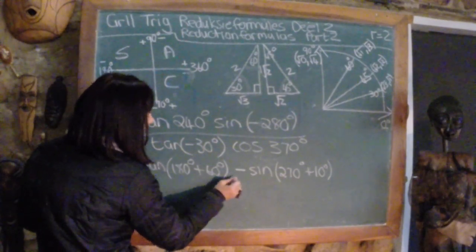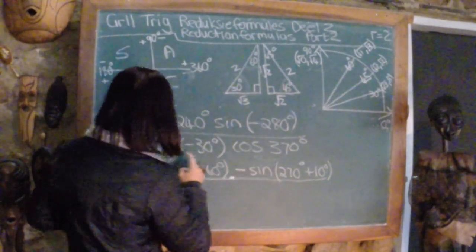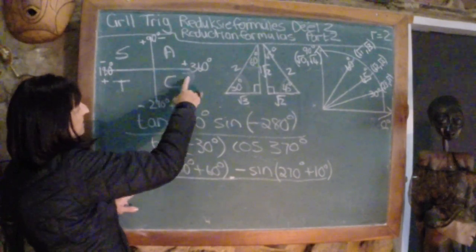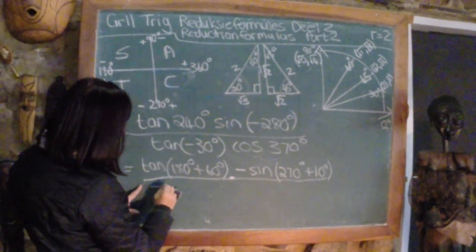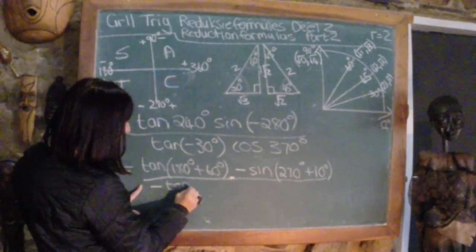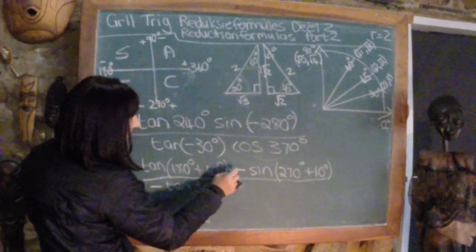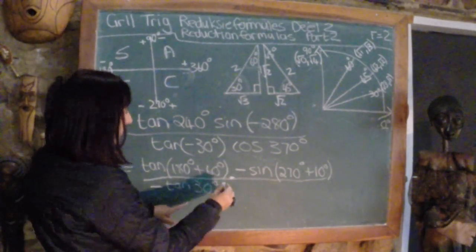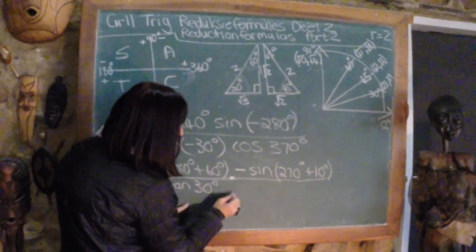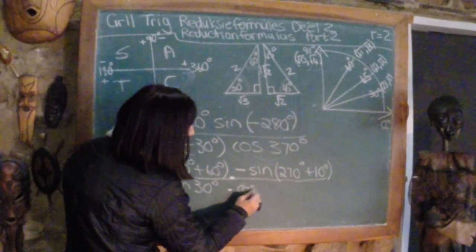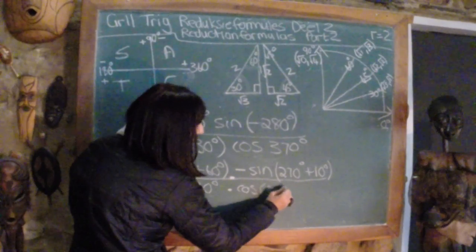Remember, it's a multiplication. Then we've got the tangent of minus 30. In this quadrant, it's negative, so it's negative minus tangent of 30. And then we've got the cos of 370, and that we can change to the cos of 360 plus 10.